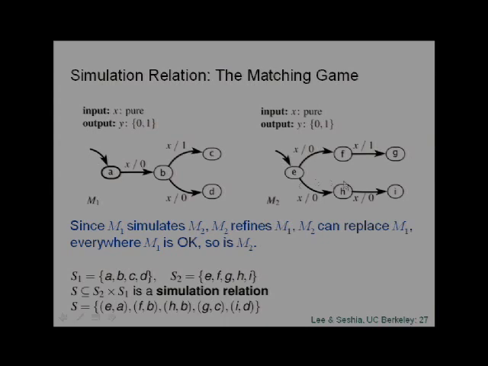And then down here from H, you can match this transition if we had the original transition from H to G, and you can match the second transition X/0 if you have the additional transition from H to I, right? So the state B can be simulated by the state H, okay, and all of these properties hold.